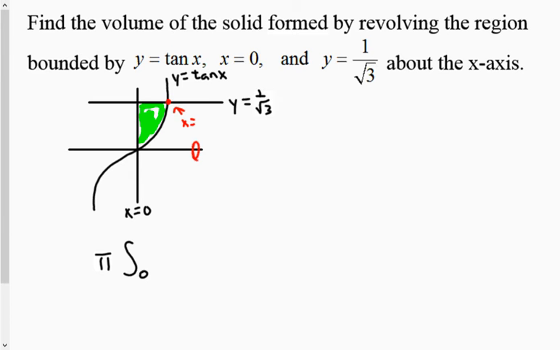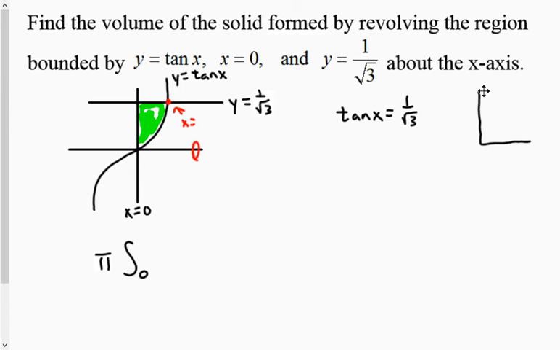Well, that's where 1 over square root of 3 intersects with tangent of x. So I've got to figure out where tangent of x equals 1 over square root of 3. All right, if my memory serves me correctly, that's at 60 degrees, or pi over 6.